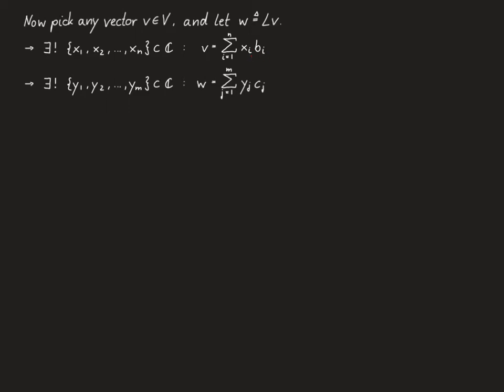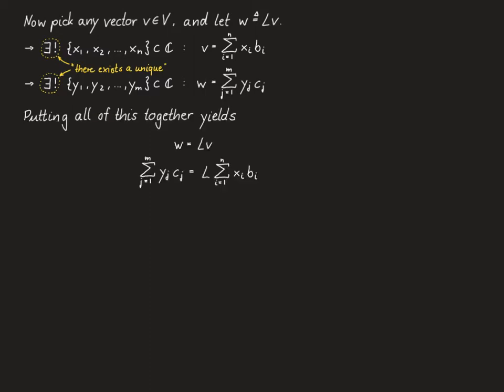And similarly, since the set of vectors cj form a basis for the vector space W, there exists a unique set of scalars y1 through ym such that w can be written as the sum over the index j from 1 to m of the scalars yj times the vectors cj. By the way, the symbol of an exclamation mark stands for unique, so this quantifier here reads as there exists a unique. Now, when we put all of this together, what we get is the following.